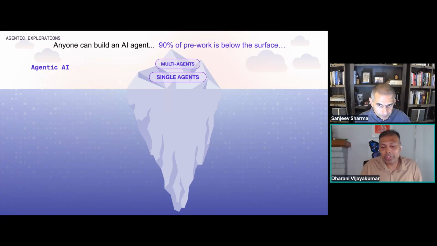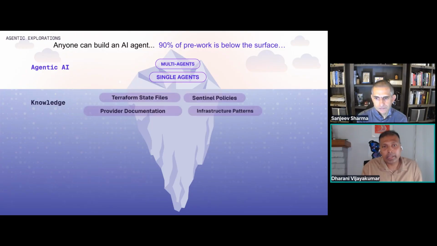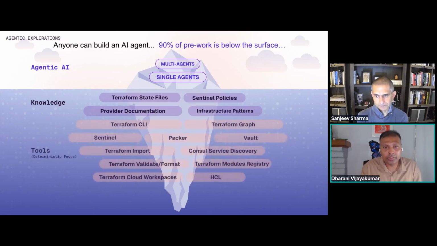So you need a platform like StackGen, which is grounded in reality, which has a knowledge layer all the way across Terraform state files and policies and infrastructure patterns, right? And not only that, it also relies on deterministic tooling across the board, not only within Terraform, because Terraform is one part of the puzzle in terms of infrastructure management. There are CI/CD pipelines, and in some cases, actual cloud provider data too, right? So you need a platform that goes deeper, like an iceberg, but still an agentic AI interface is relevant to achieve that productivity multiplier.